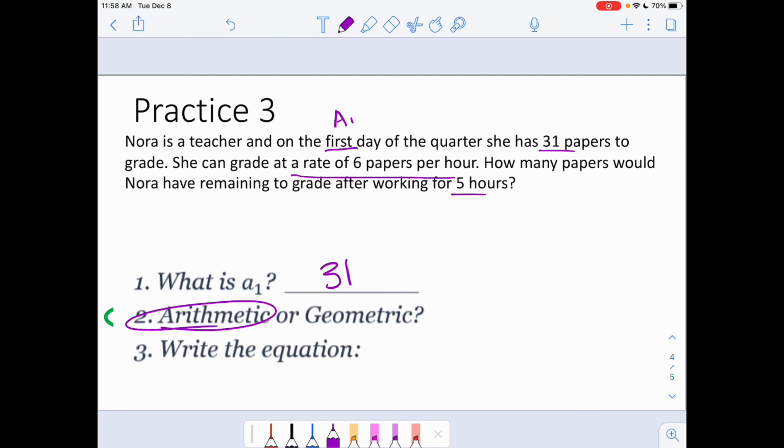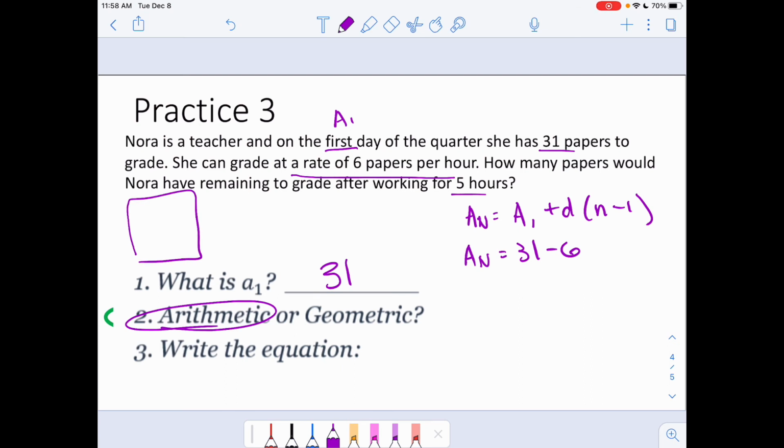And let's go ahead and write the equation. Here's the general form of the equation. My initial value is 31. This is going to be a minus 6 because she starts off with 31 papers to grade. And as she grades, her stack of papers to grade is decreasing by 6.